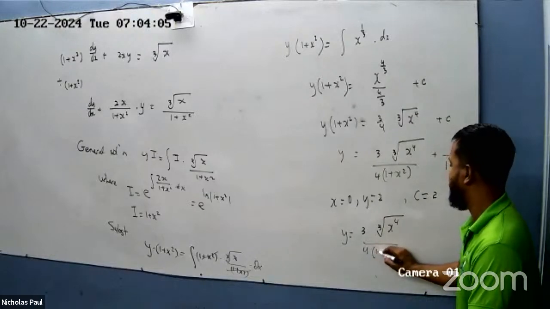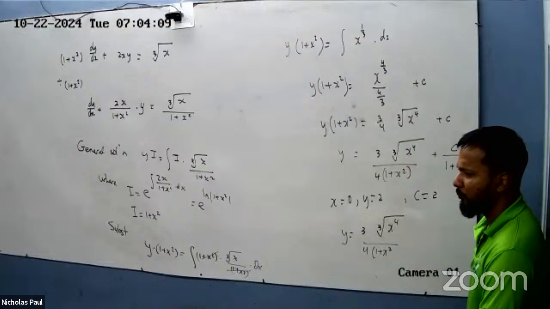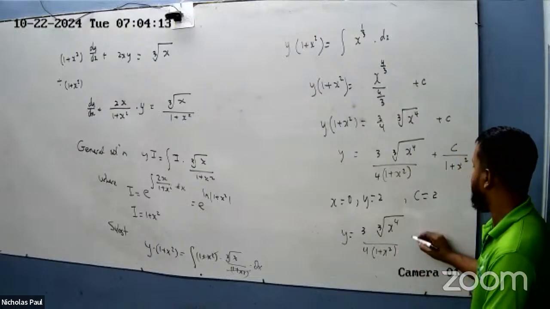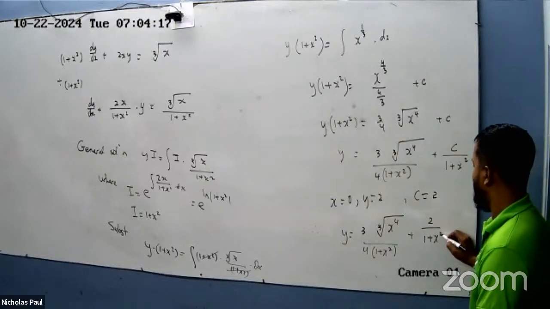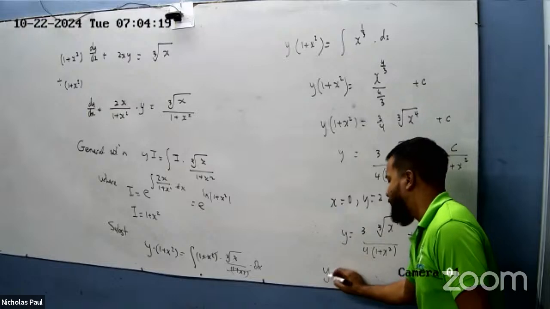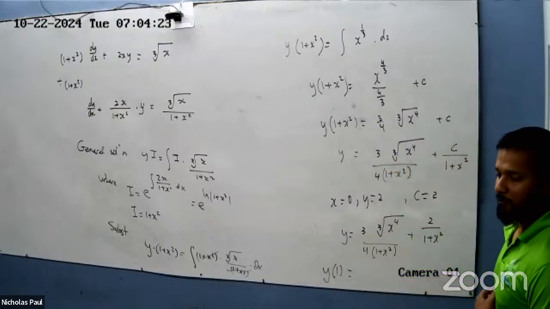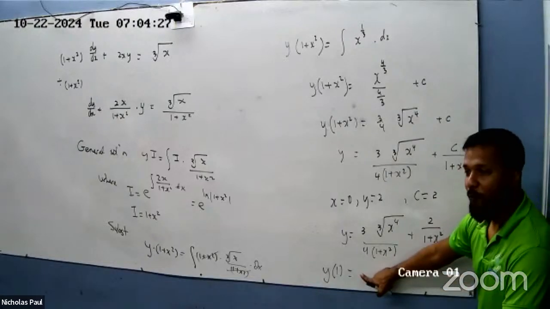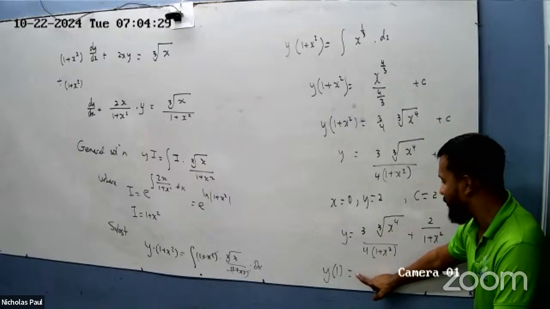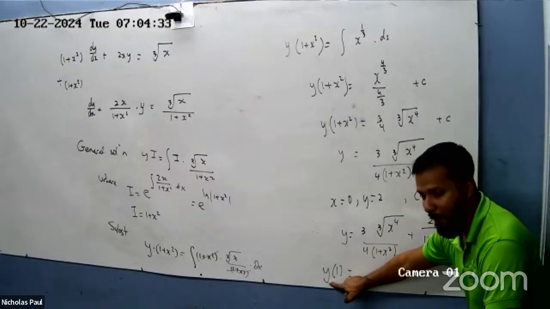And the last part is y of 1. When this here means when x is 1, find the y value.